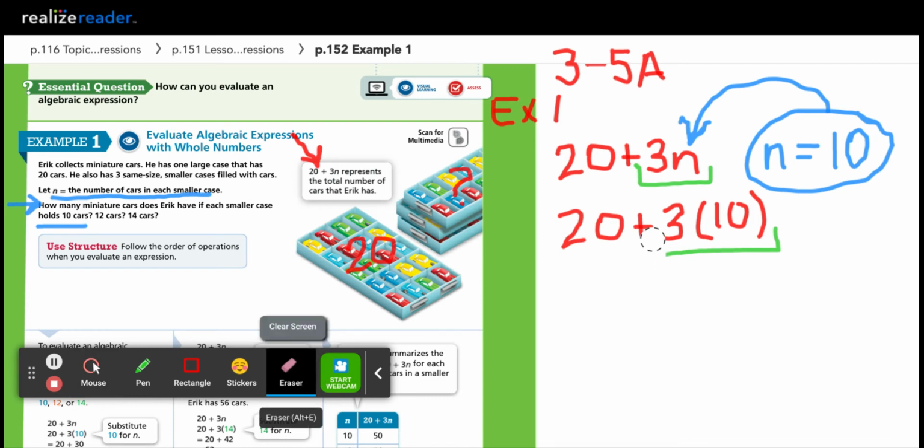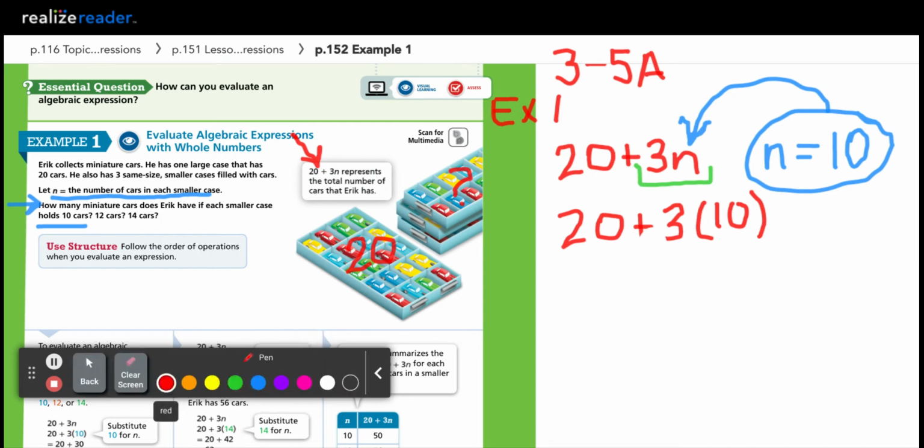So now we have to evaluate this expression. Well, wait a second. We've been evaluating expressions. When we evaluate expressions, we have to follow the order of operations, which is PEMDAS. So we rewrote our expression. We plugged in the variable. Now we're going to evaluate this. Now we're going to solve this.